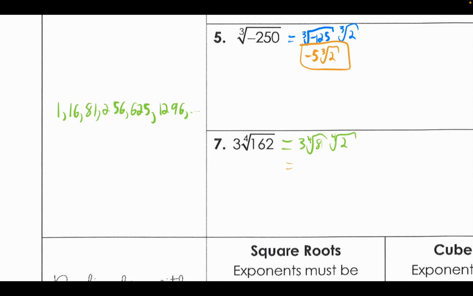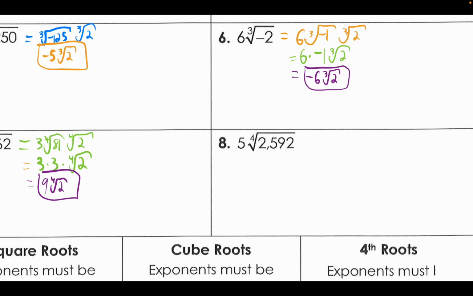All that changes is the list of numbers you're using, the perfect cubes, the perfect squares, and what numbers you're writing here. So that'd be 3 times the fourth root of 2, because the fourth root of 81 is 3. And so that results in 9 times the fourth root of 2.